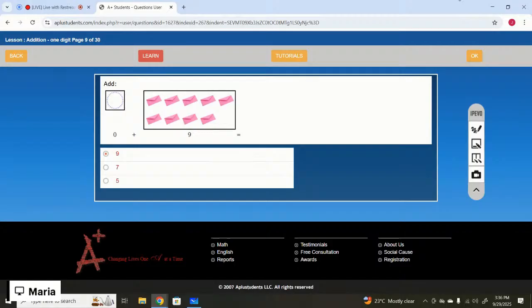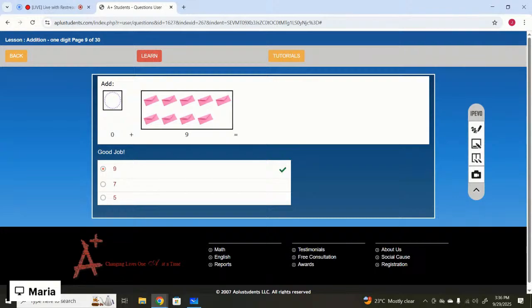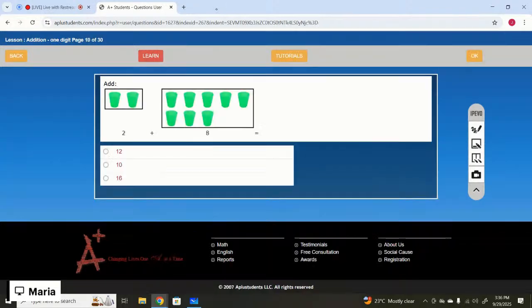9 plus 0 makes 9. Option number 1 is the correct option. 8 plus 2 makes 10.